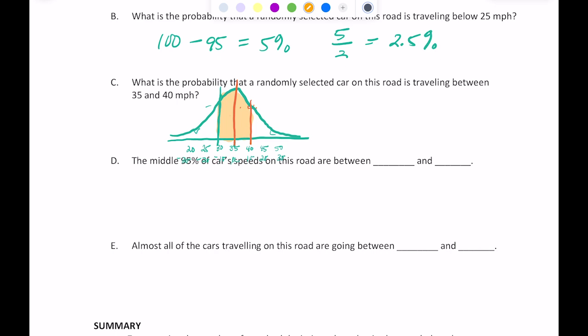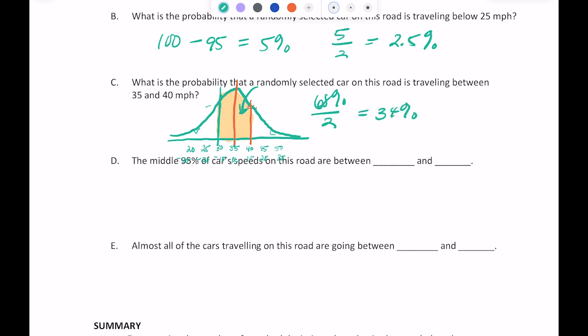It falls within 1 standard deviation. But I'm only looking for the probability that someone traveling on that road is going between 35 and 40 miles per hour. Using one of the characteristics of the normal model, I know that it's symmetric. So all I would have to do is divide this 68 by 2, because this area is the same as that area. And 68 divided by 2 is 34.